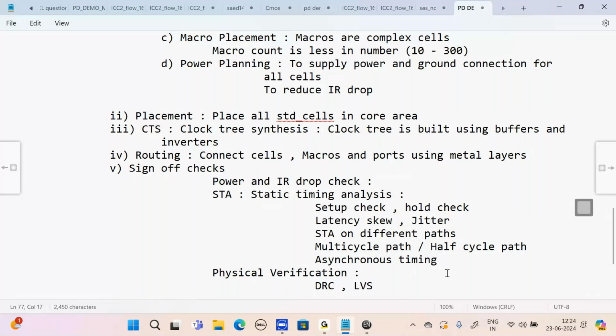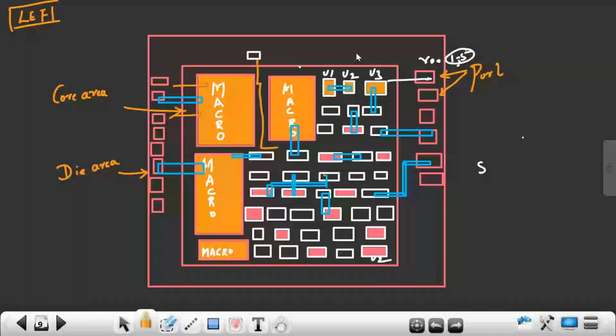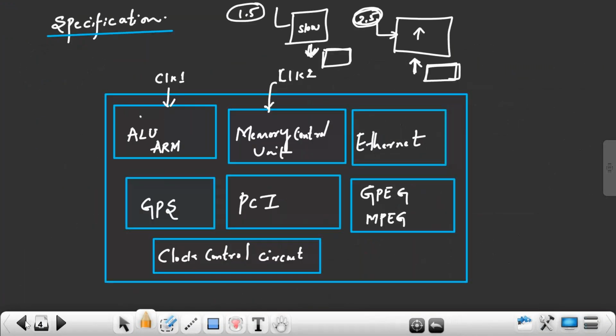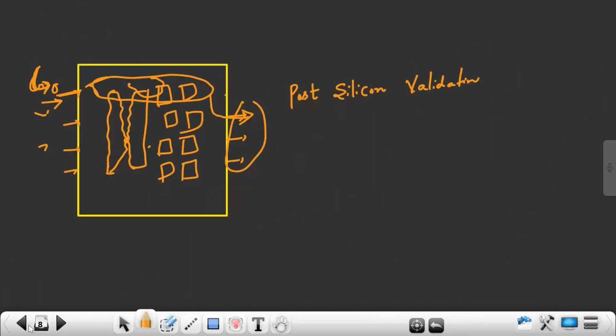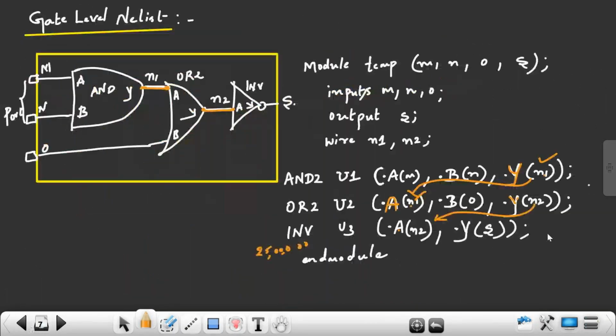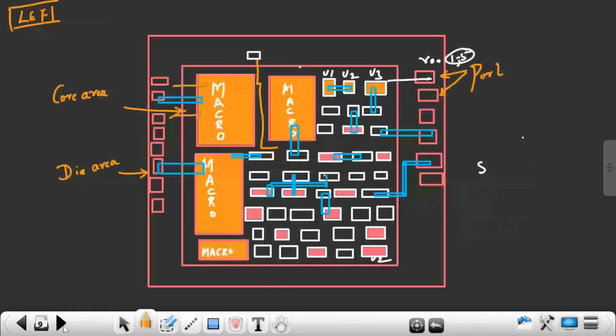What is layout here? This is my layout. What is schematic here? I don't have any schematic. Schematic means it is my netlist. Whether connections present in the netlist, whether I have the same connections in the layout or not.